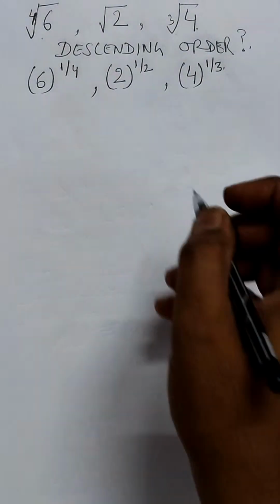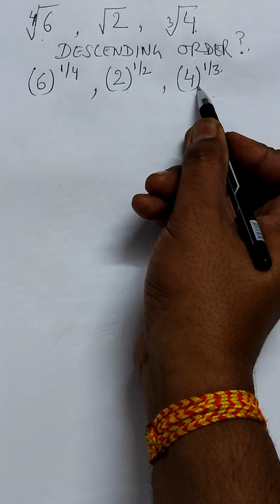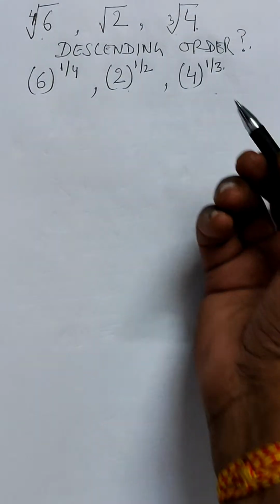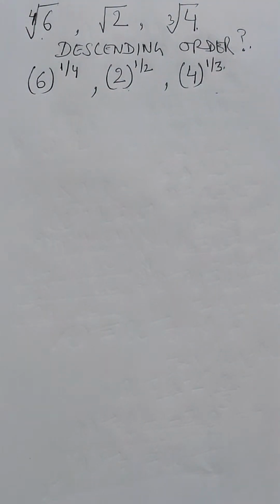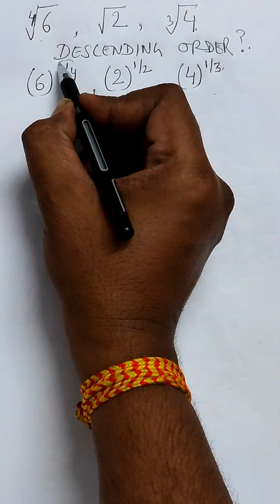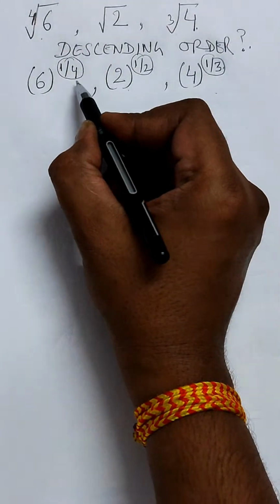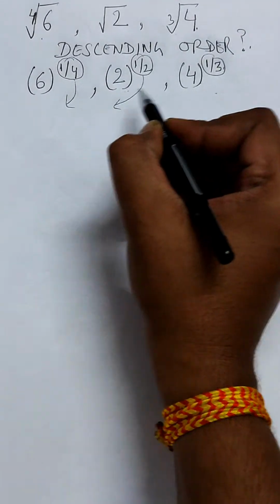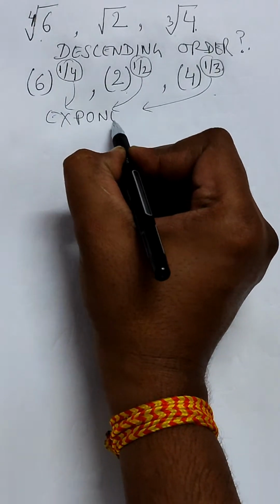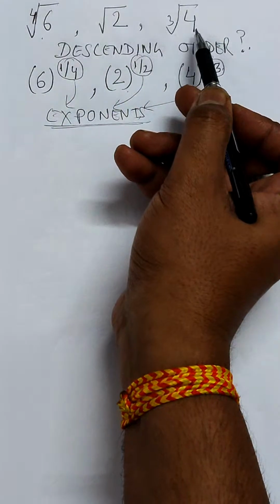Now you observe all these numbers. Are you able to arrange them in descending order immediately? If not, I will show you the trick. Just take these exponents 1 by 4, 1 by 2 and 1 by 3, which are the exponents of these three numbers 6, 2 and 4.